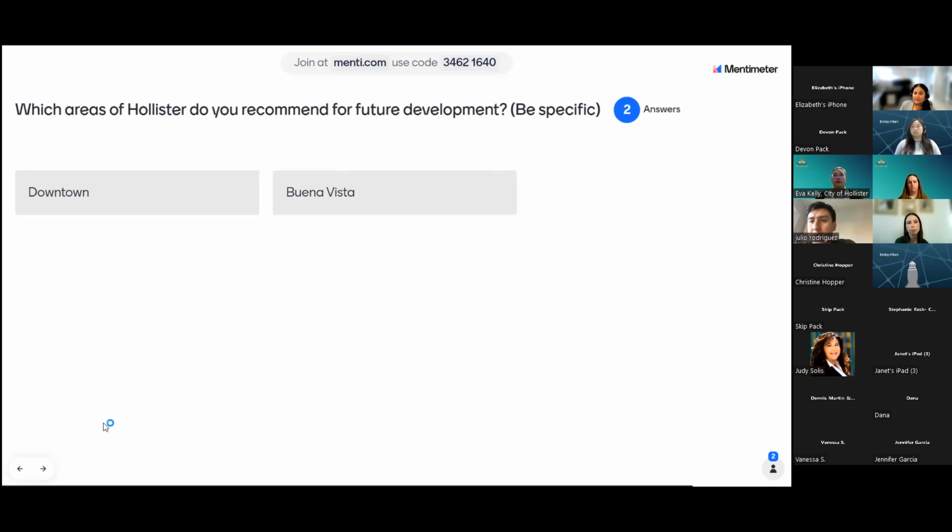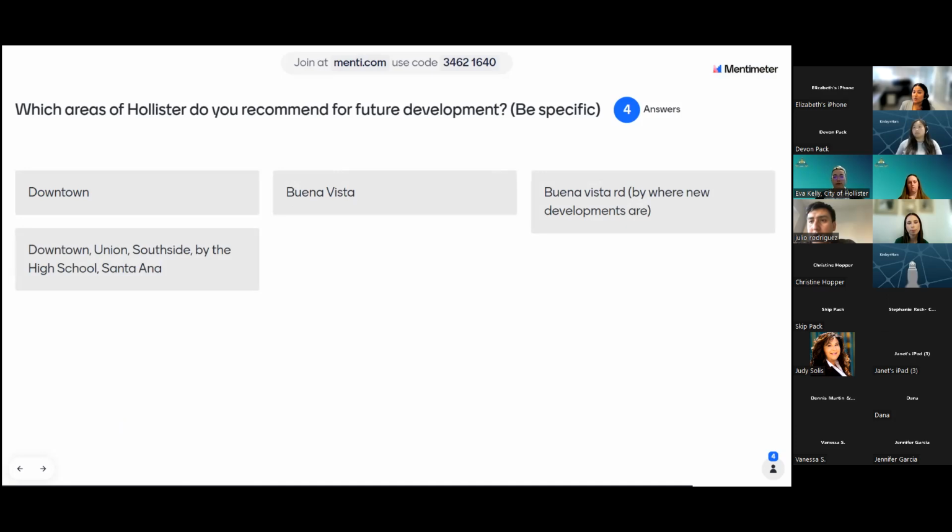Maybe as we get some responses here, if anybody wants to come off of mute and elaborate a little bit on why they would like to see development in these areas, that would be great.